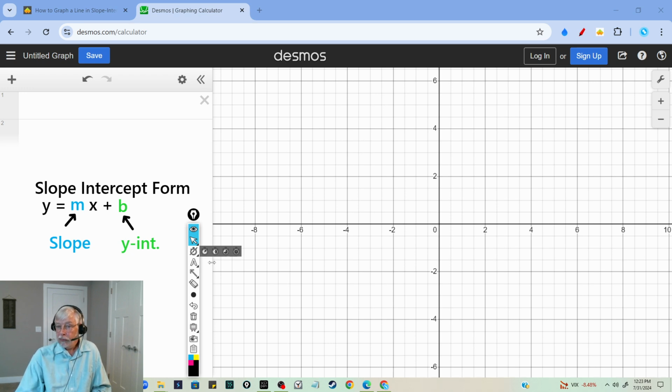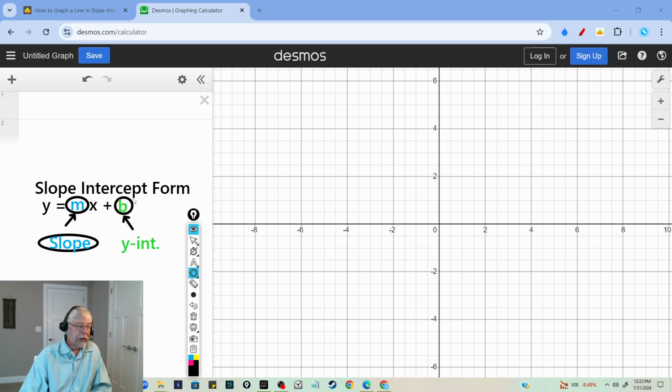We call it the slope-intercept form because if you have that equation, you could easily find the slope and easily find the y-intercept. The m is your slope right there. And your b is your y-intercept. So when you have that equation, m's your slope, b is your y-intercept.